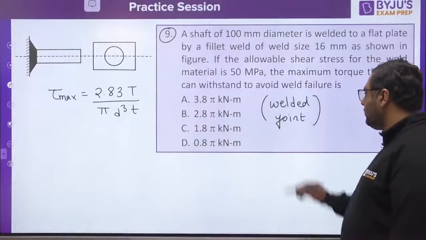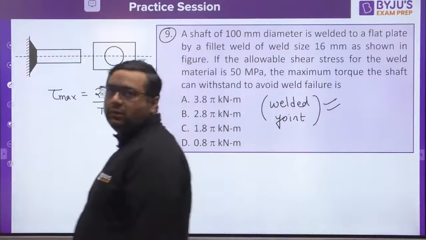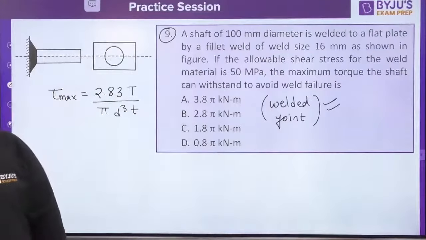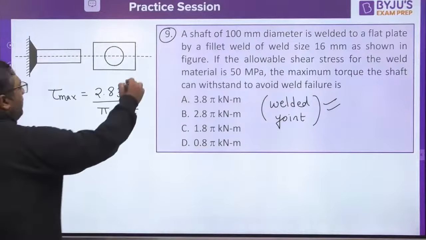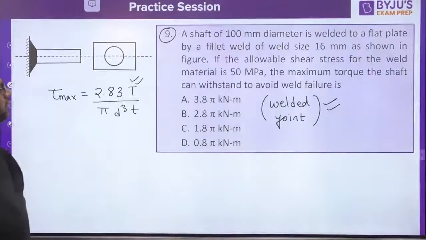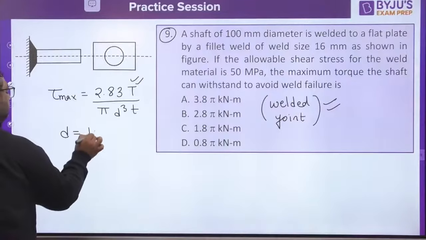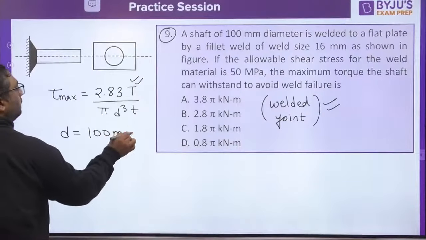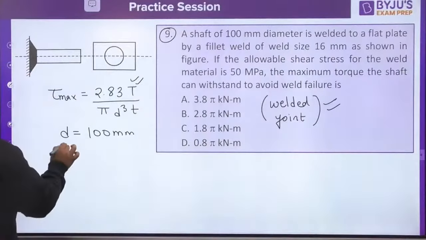Solve this question. This is from welded joint. So what you need to find out, actually, you need to find out the maximum torque. 100 mm dia shaft. D is 100 mm. Weld size 16 mm.